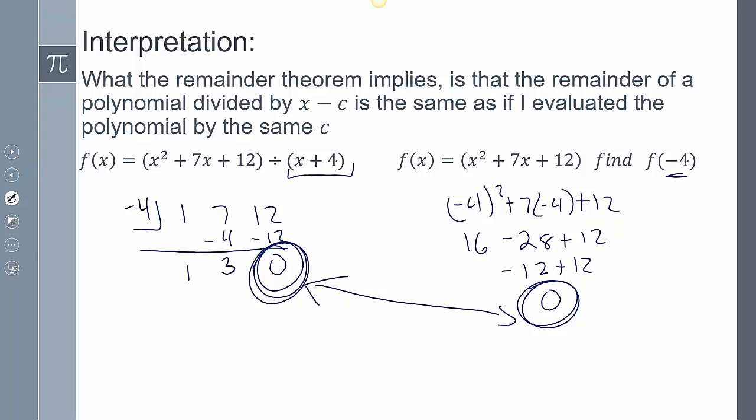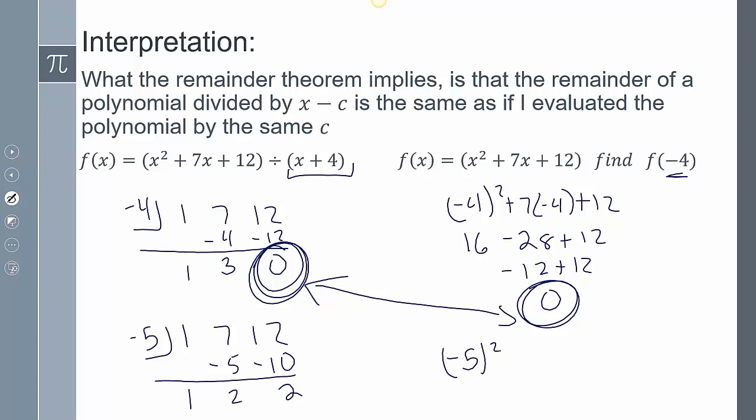Now, if you're not convinced, let's try what if I divide by x plus 5? Bring down the 1, multiply, add. Well, that's going to be the same thing as if I evaluate. So I'm going to get 25 minus 35 plus 12, negative 10 plus 12, that gives me 2.